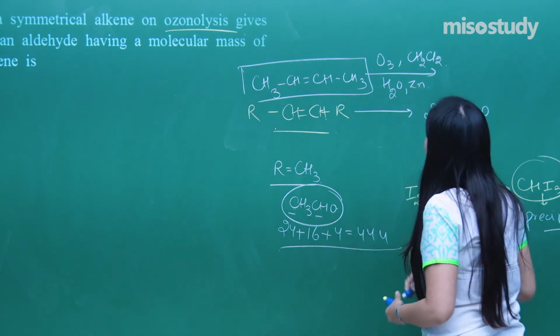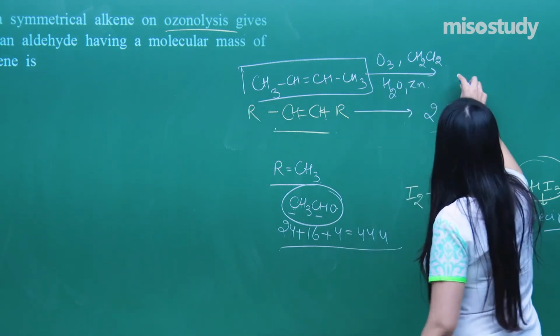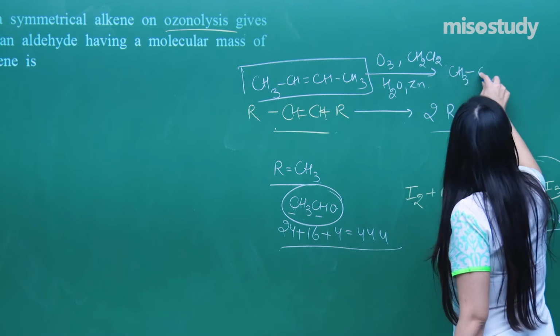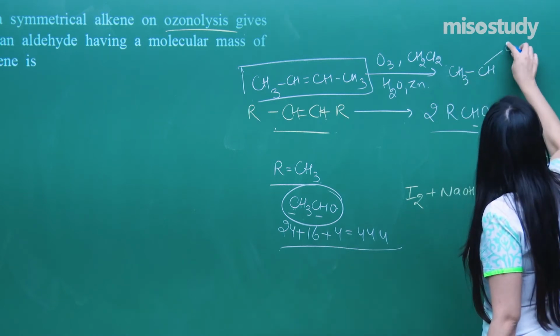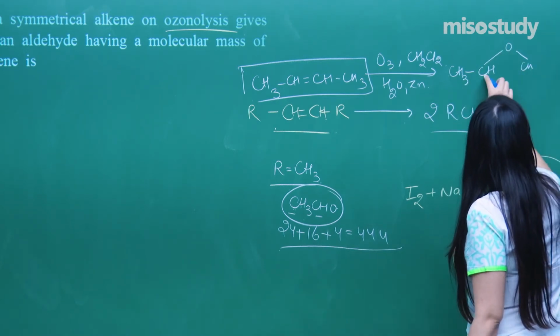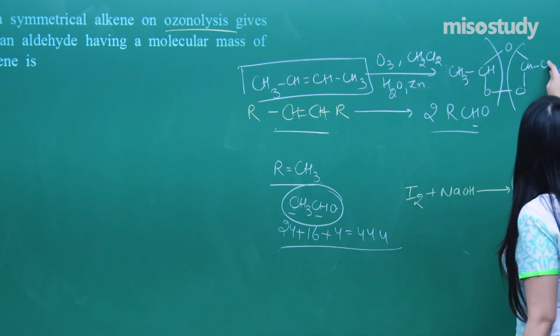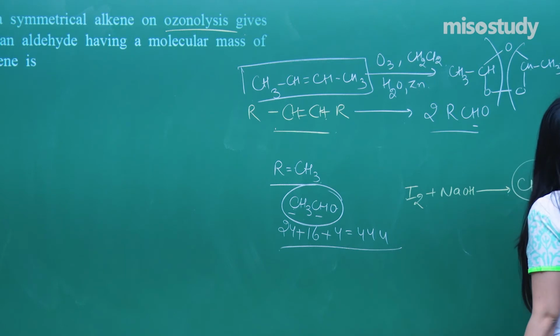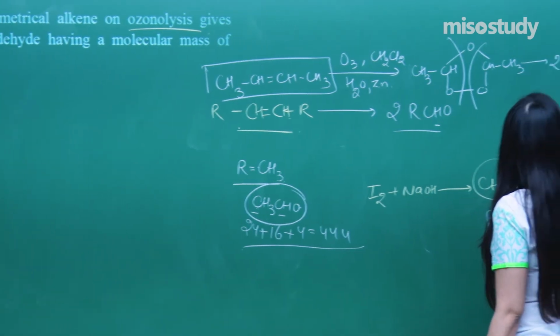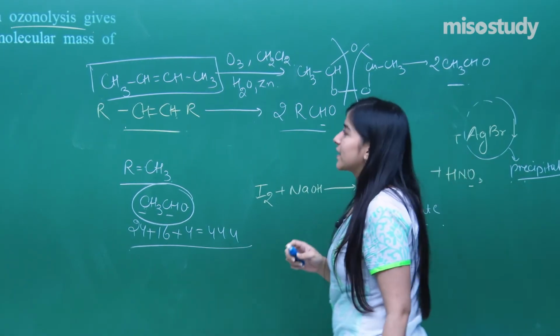So these are the reagents used in the reaction, and what do we get? This is how the ozonide is formed, that is the intermediate, and that is how it is going to break into 2 moles of ethanal. So that is what the entire reaction is.